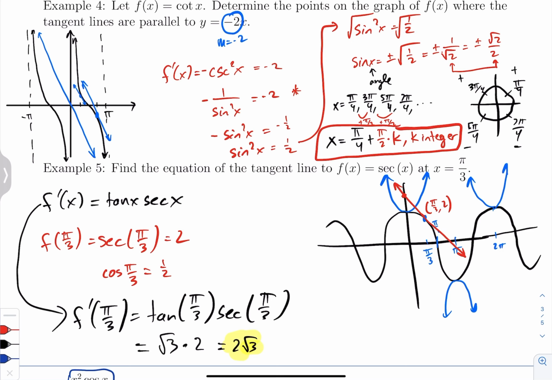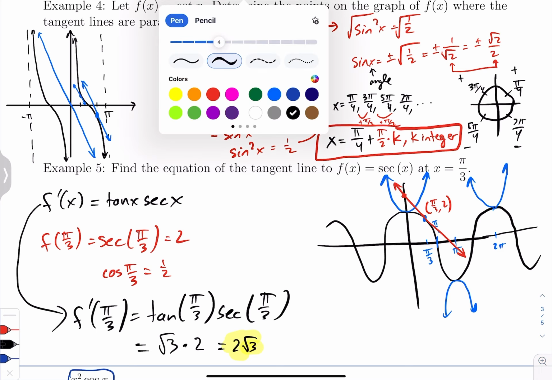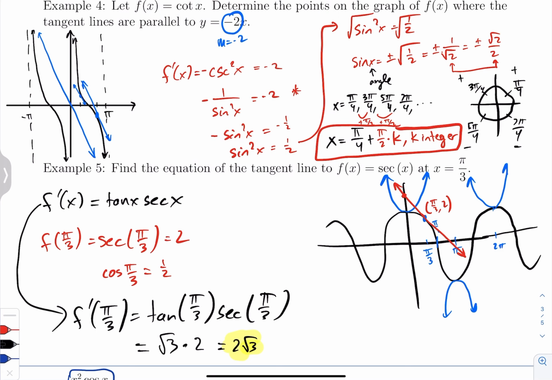Let's see. Derivative of secant. That is tangent x, secant x. Secant at pi over 3 is 2. That does not make sense. I hope you figured out where my error is.